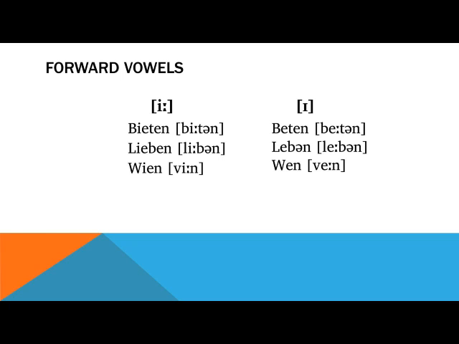Now let's look at similar words that contain E and E. So, starting from the left and going to the right, we have beten, lieben, Wien. Now you may be saying he just said the same words twice. And I didn't. I promise you.